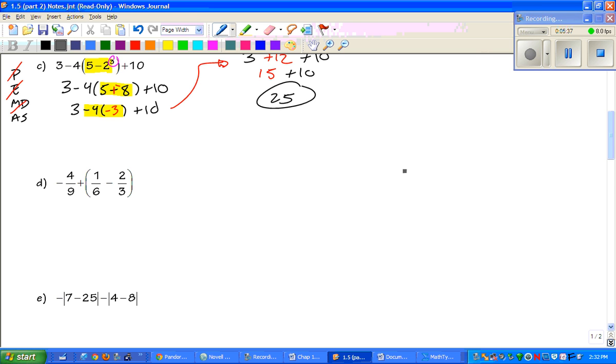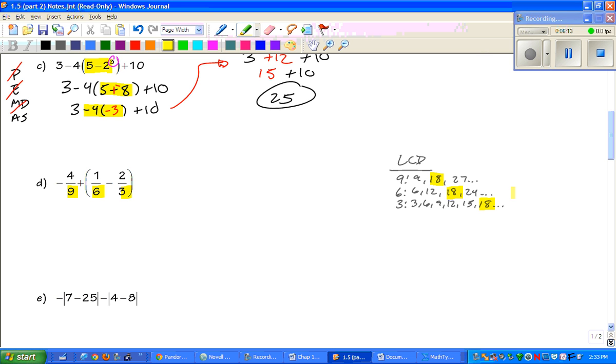Now, before we do any of this, we are going to find the LCD of 9, 6, and 3. So 9, 18, 27, 6, 12, 18, 24, 3, 6, 9, 12, 15, 18. Do we see one that we can use yet?